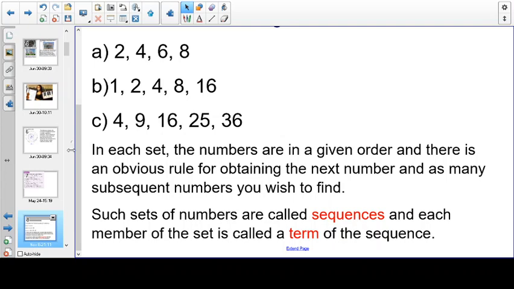So we can work out each term in a sequence if we know what the rule is to get from one term to the next. So this one, the term to term rule will be +2, and this one will be times 2. This one is a little bit more complicated, and we'll come back to that shortly.